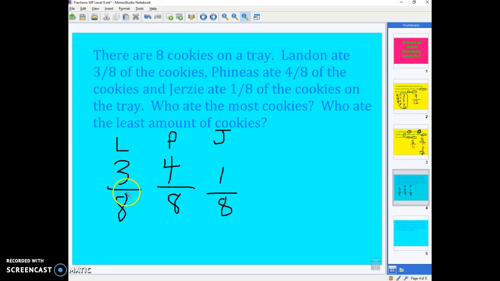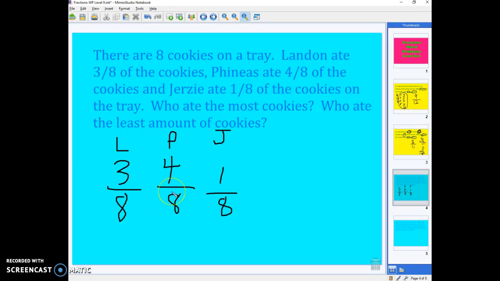So you've done comparing fractions before with like denominators. Whenever our denominators are the same, we just look at our numerators, and whichever number is the biggest, that's who ate the most. So we know that it would be Phineas because he ate the most.